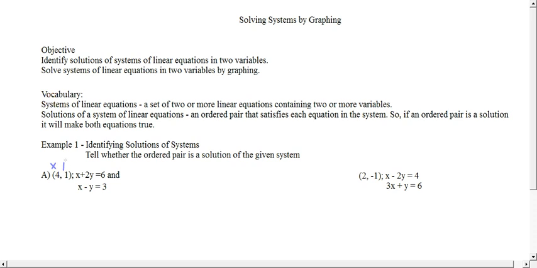When we look at these equations and determine if the ordered pair is indeed a solution, we first must check each equation one at a time. We have x plus 2y is equal to 6, and x minus y is equal to 3.